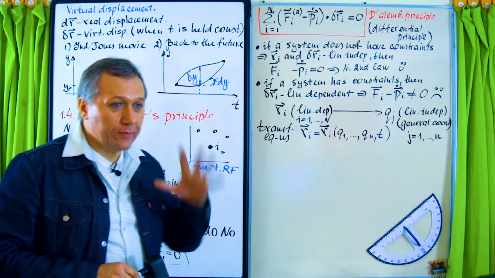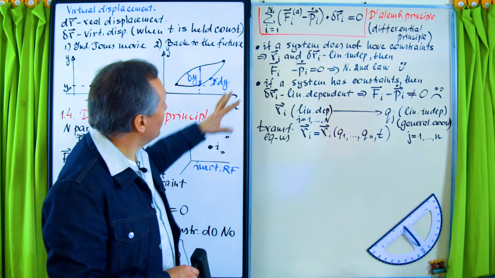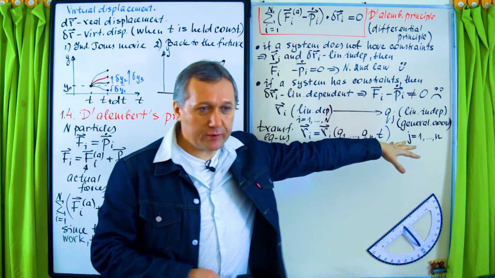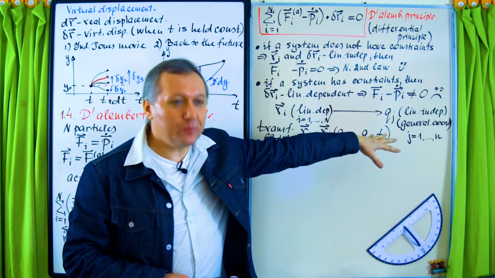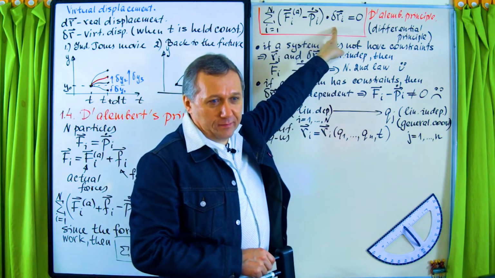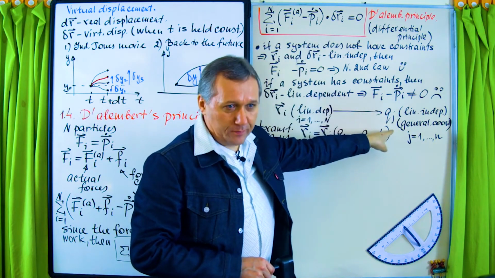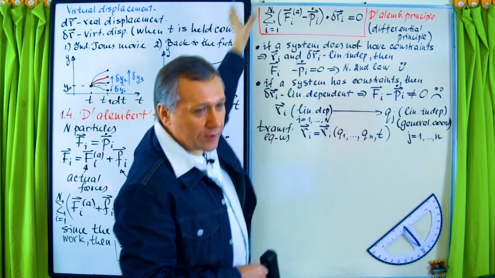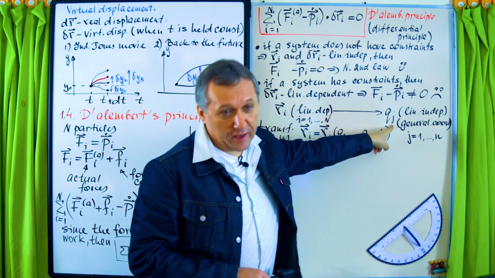So now, what do we have to do? Basically, now we have to rewrite D'Alembert's principle in terms of these generalized coordinates. It means that over here, instead of delta r, we need to get delta q's, and of course the outside summation must be over j.